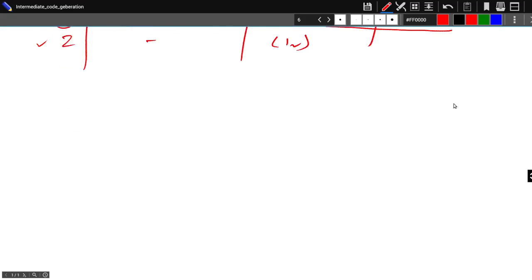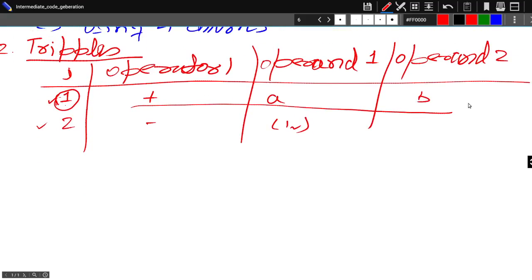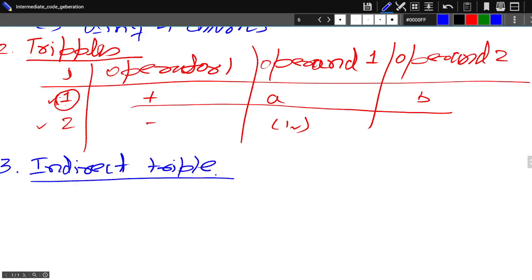Another way of representing this 3 address code is indirect triple. In this indirect triple, we will try to manage the space as well as the movement of the statements.